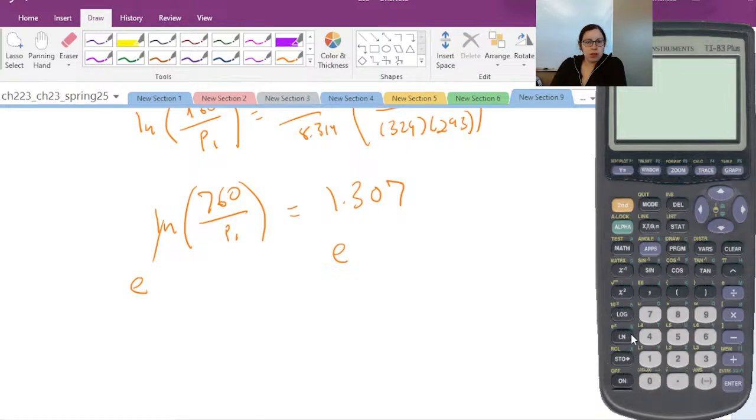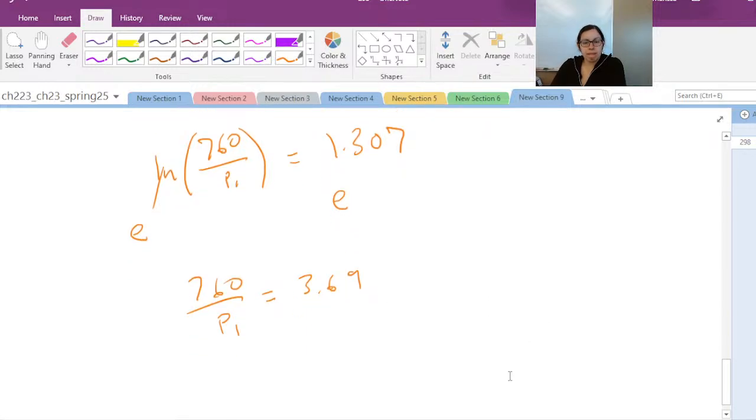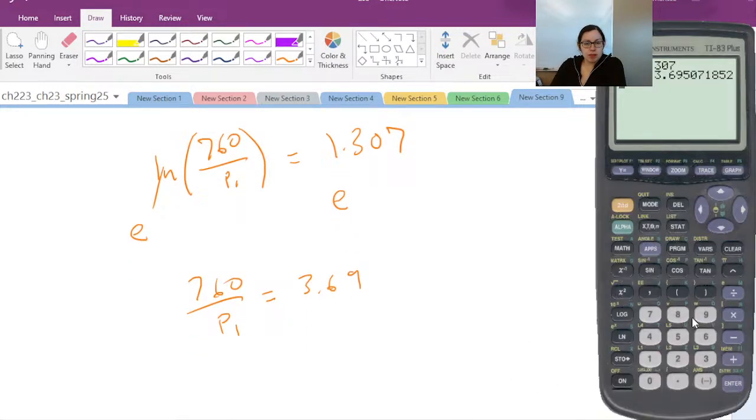Here's my E. So then I get the ratio 760 over P1 is equal to 3.69. And so I get like 205 or 206 torr roughly.